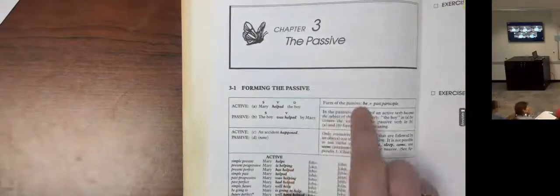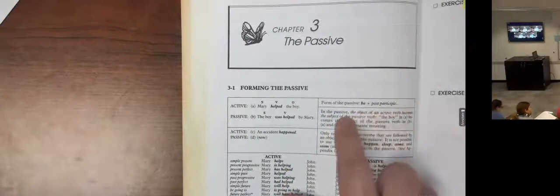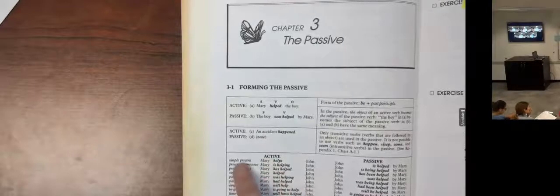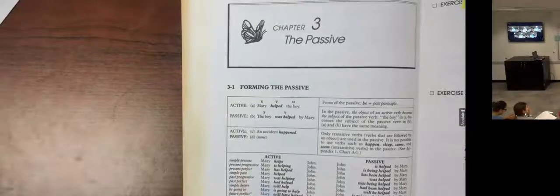So the form of the passive is be plus the past participle, object of active verb becomes subject of passive verb. And she points out that you can only do that with transitive verbs, right? So then simple present goes to is helped, present progressive is being helped, etc., all the way through.